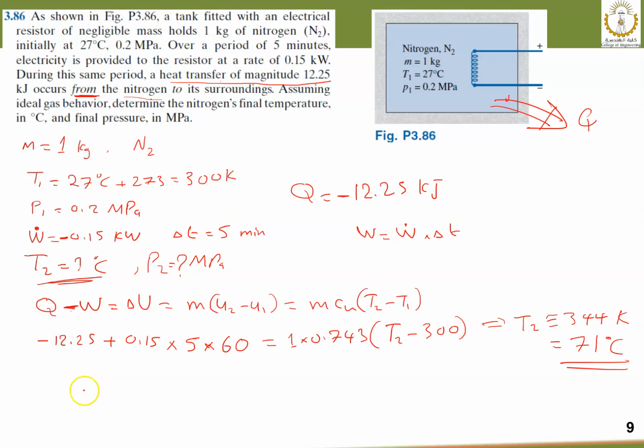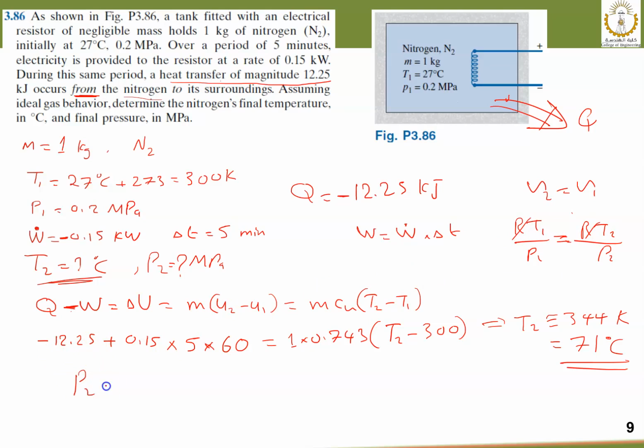Now to find the pressure, we go back to the ideal gas law. And again, this is a rigid tank, the tank volume is fixed, therefore V2 equals V1, therefore R T1 over P1 equals R T2 over P2. R cancels with R, and we have the famous relation between T and P. I am doing this to show you that you really don't need to remember these special cases.